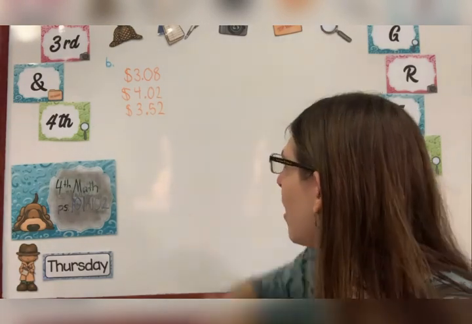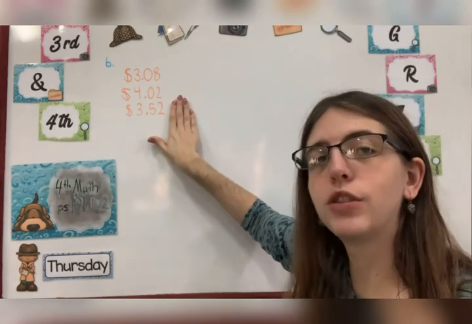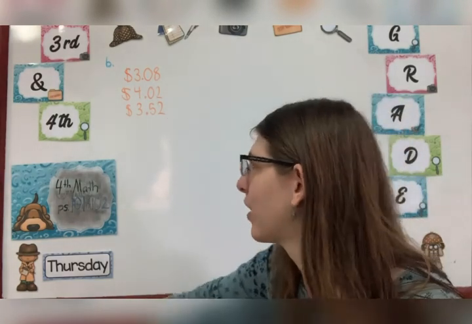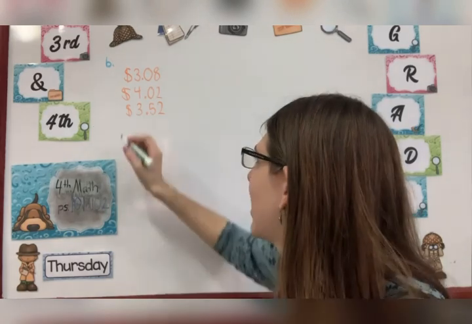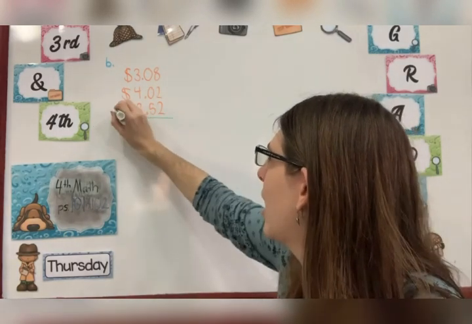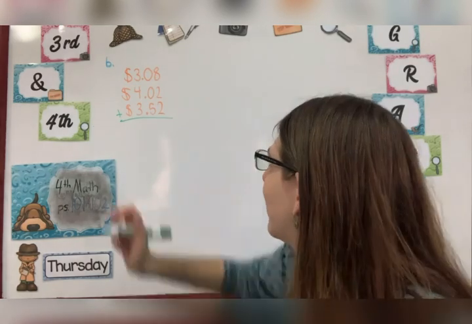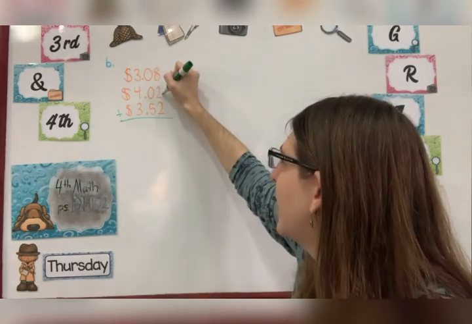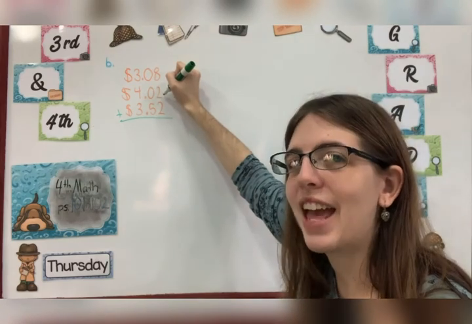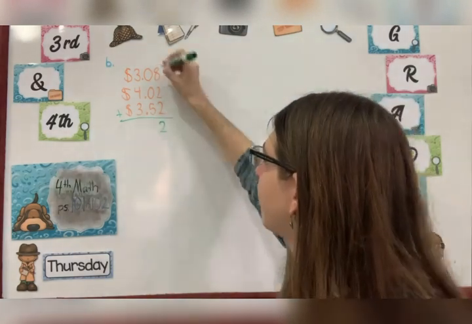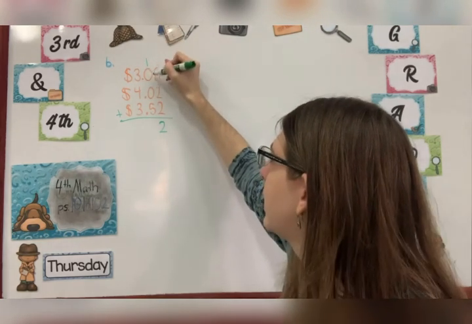So you have $3.08, $4.02, and $3.52. So to average, my steps are to first add it up and then divide. So I'm going to add, let's start with this column. 8 plus 2 is? 10 plus 2 is? 12. 1 plus 0 is 1.